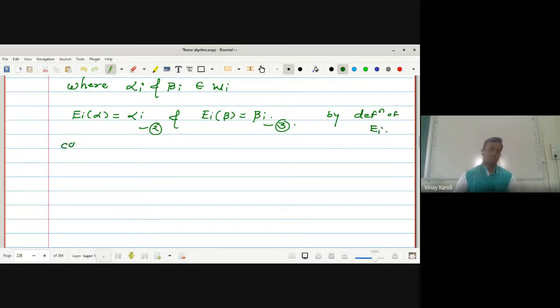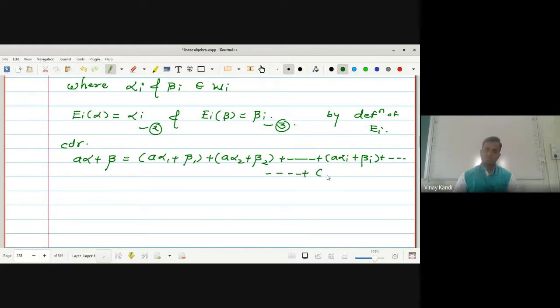Now consider a alpha plus beta, which is equal to a alpha_1 plus beta_1, a alpha_2 plus beta_2, up to a alpha_i plus beta_i, plus up to a alpha_k plus beta_k.